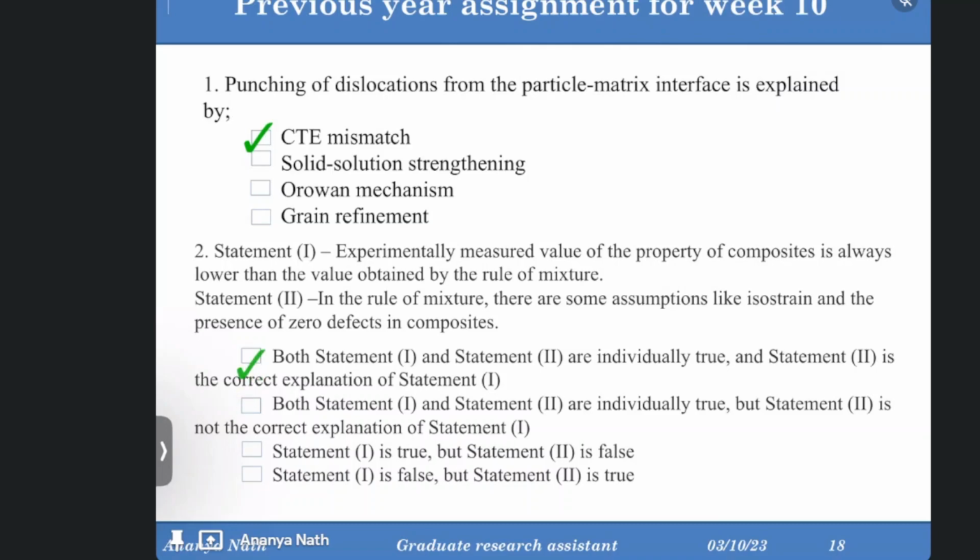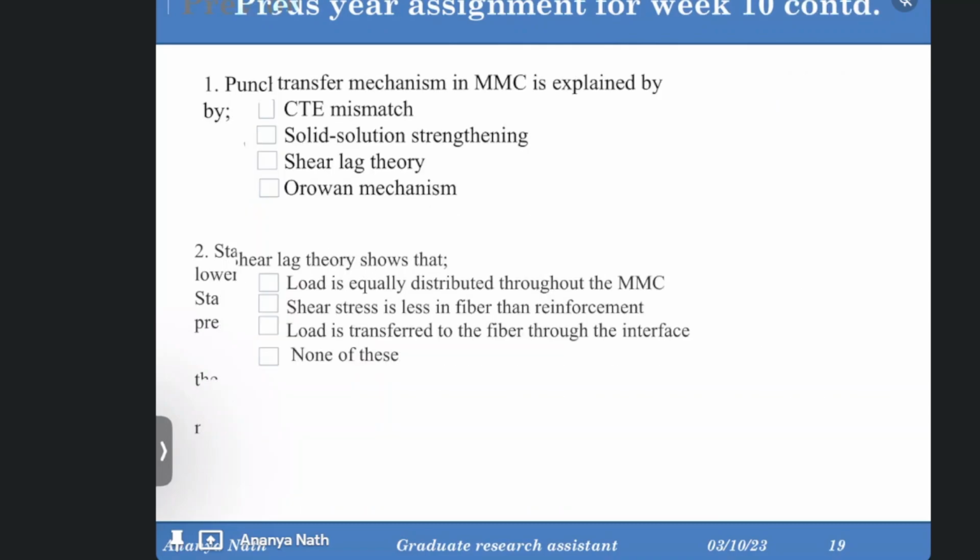Next, the load transfer mechanism in MMC is explained by shear lag theory. Shear lag theory shows that load is transferred to the fiber through the interface.